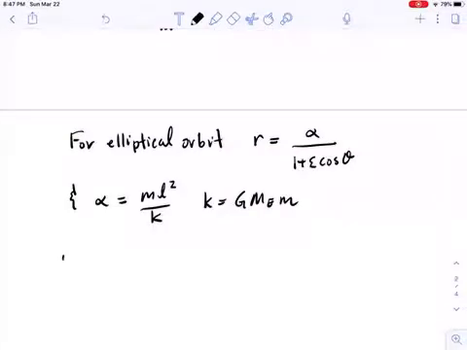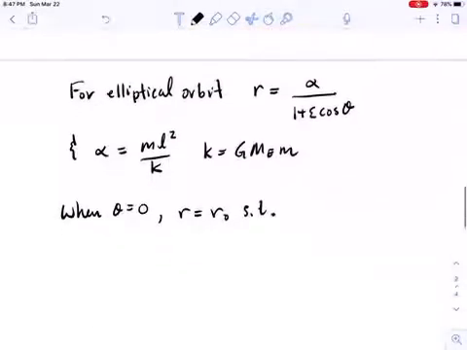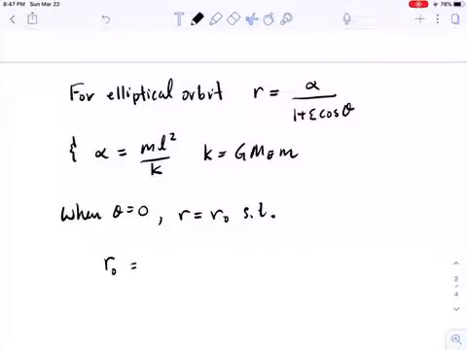So when theta equals 0, and remember we chose theta equal to 0 to correspond to the minimum distance between the orbiting object and the object that's being orbited, r is equal to r0, such that r0 is equal to alpha over 1 plus epsilon, because cos of 0 is 1.